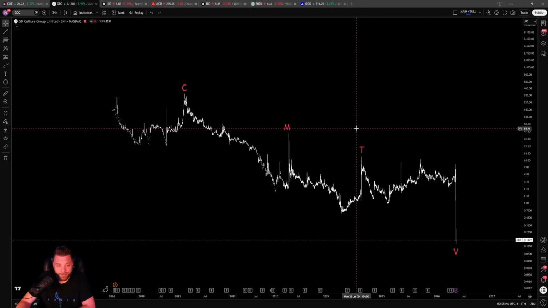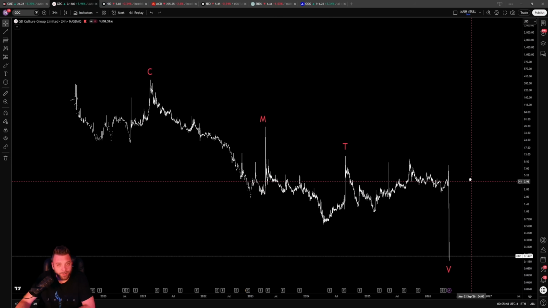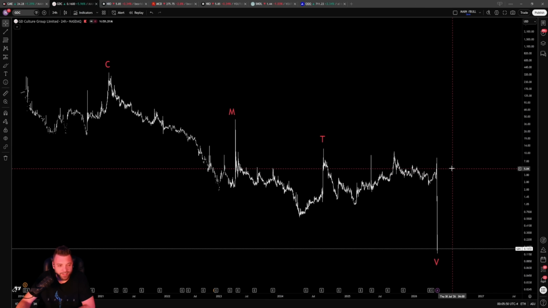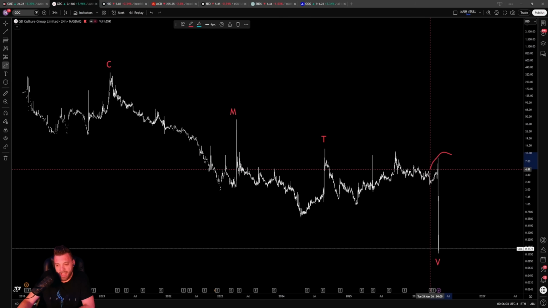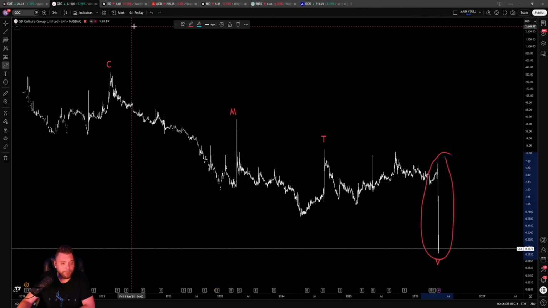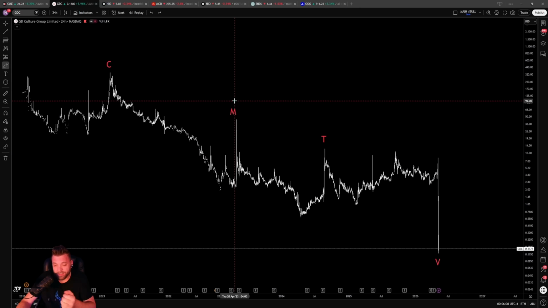But the thing is, every time I see something like this, the first thing I get into my head is, okay, is this thing going bankrupt? Or how does the Fractal look? Did this move already happen before? So for the Fractal, it's quite easy.